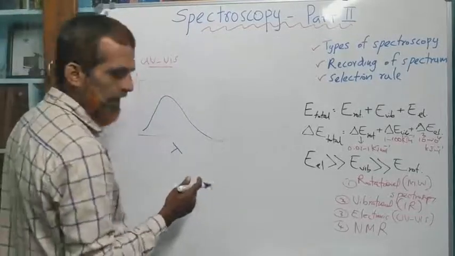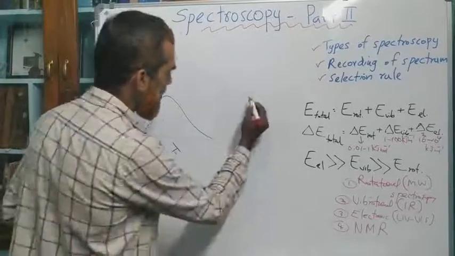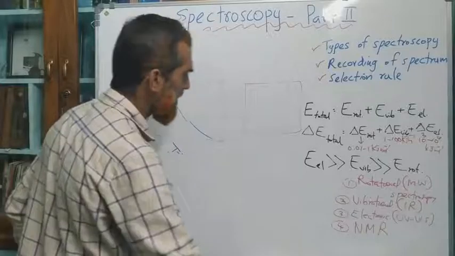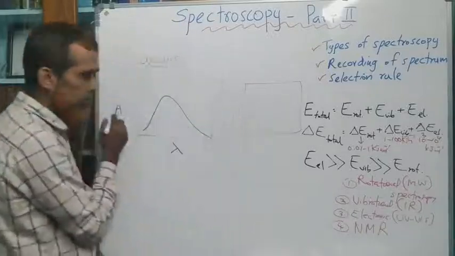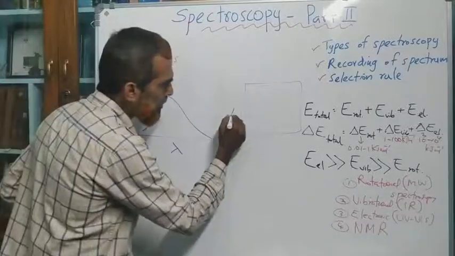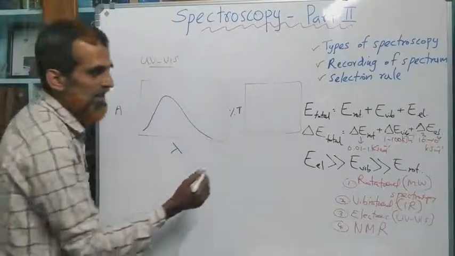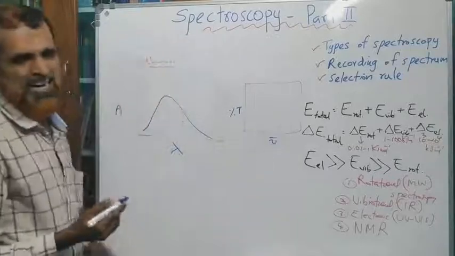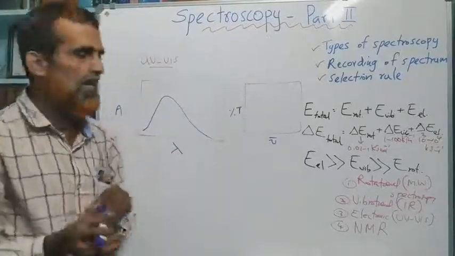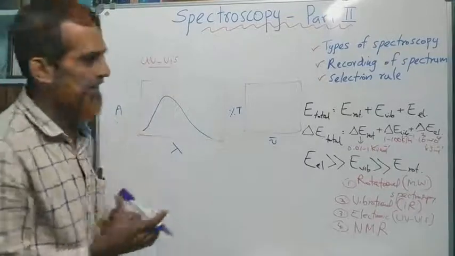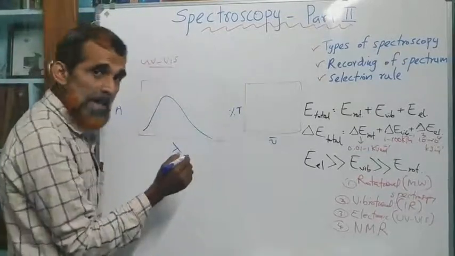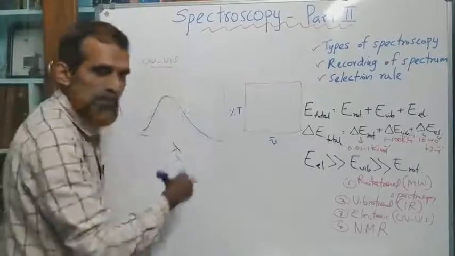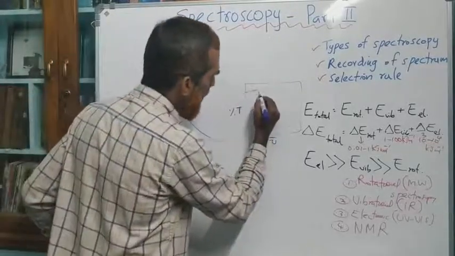In the case of IR, the plot is different; the variables are different for convenience. It is not absorbance, it is transmittance, or percentage transmittance, that is plotted against wave number, which is more convenient than wavelength. That depends on the technique. Since transmittance is just the opposite of absorbance, the peaks come down like this.